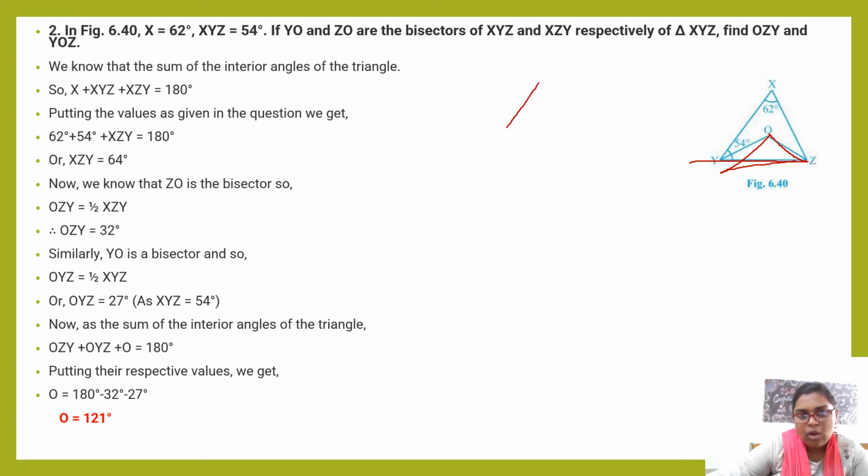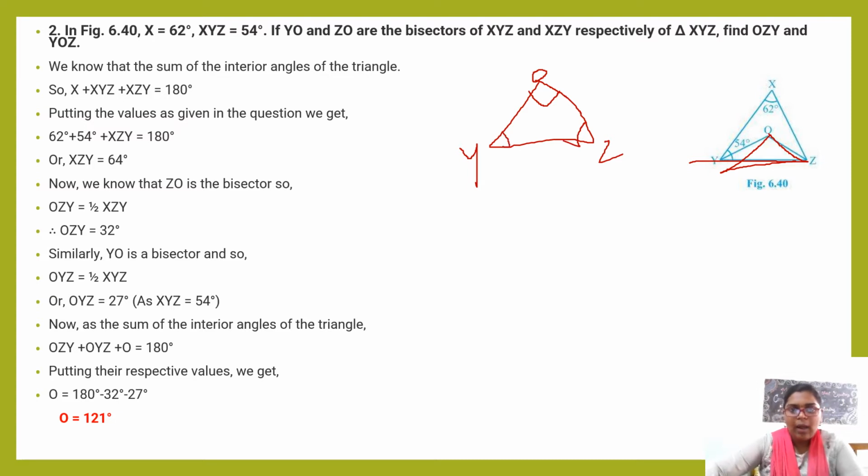We are taking this small triangle, with O, Z and Y. We are going to add all three angles, angle O, angle Z, angle Y, and it equals 180 degrees, because we want to find the value of O. So 180 degrees minus 32 degrees minus 27 degrees. So O is equal to 121 degrees.